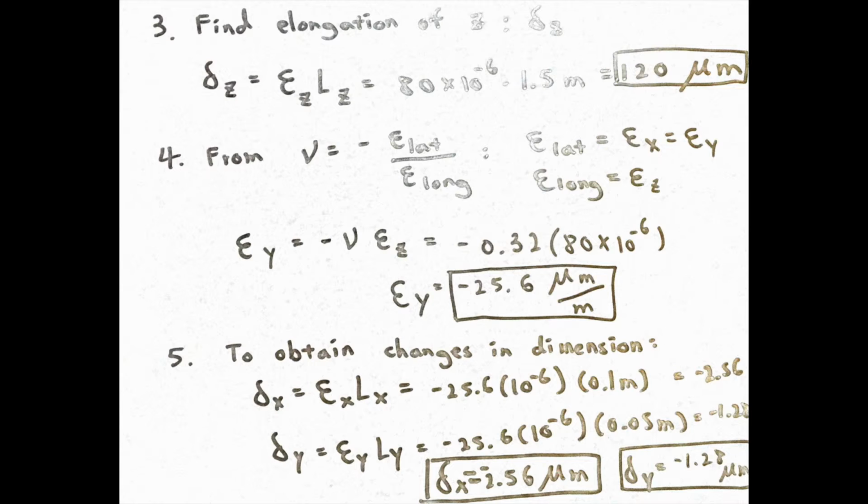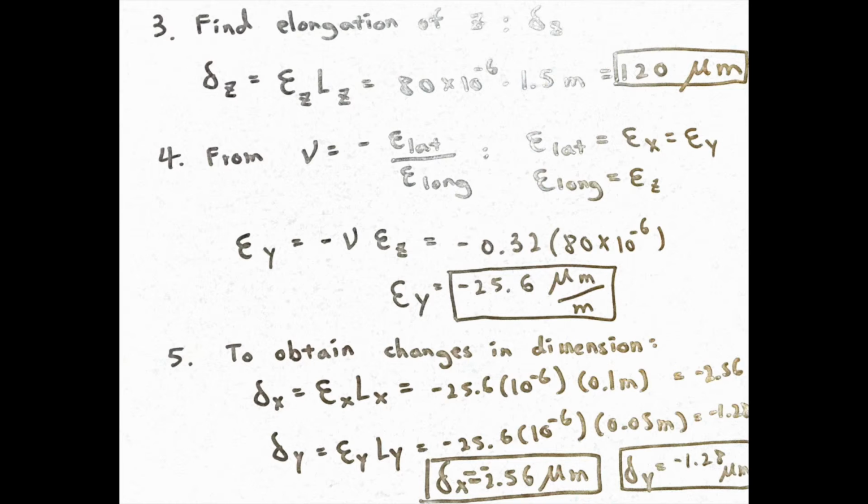We then need to find the elongation in the z direction by multiplying the strain by L, which is the original length, which will come out to be 120 micrometers.